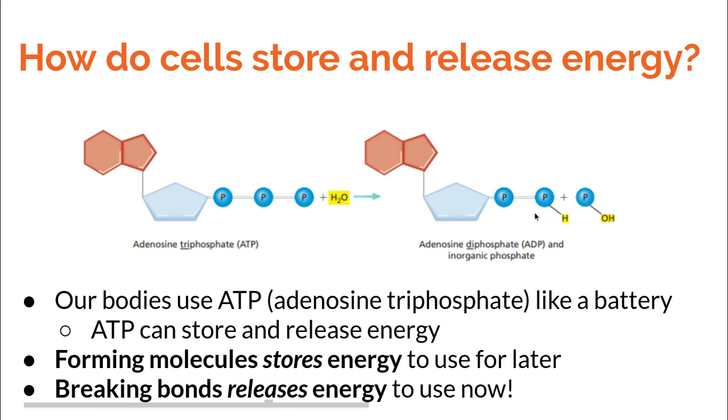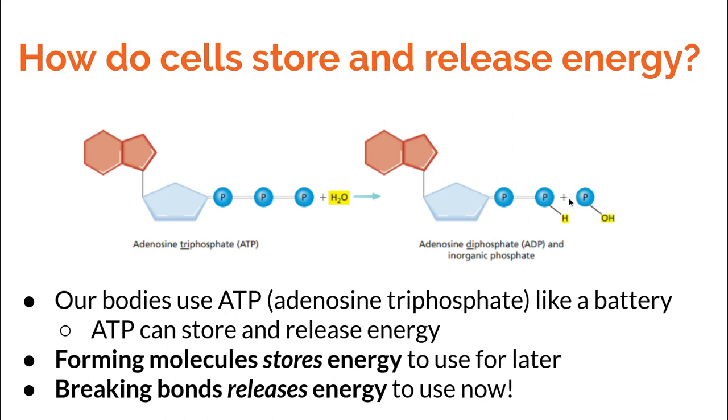So what we're left with is a new monomer, ADP, and phosphate. So the important thing about this is that, one, we use the water to break this bond between this monomer and this monomer.